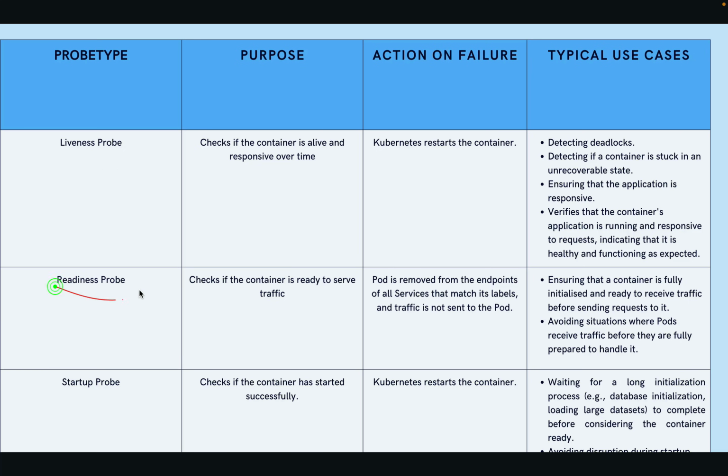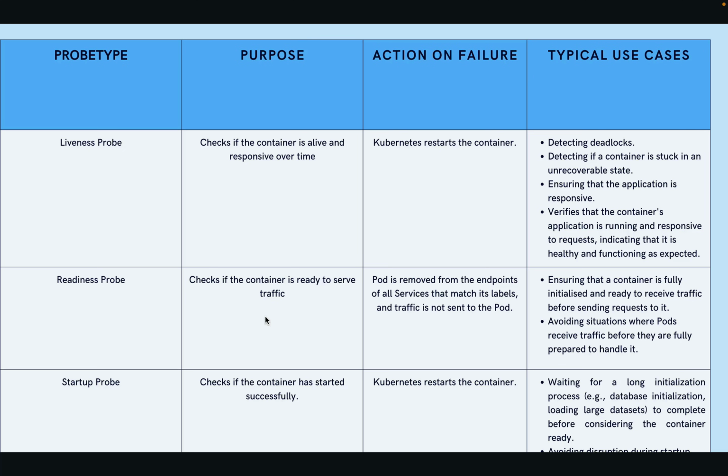Moving to the second one, that is the Readiness Probe. Let's suppose you have a container, with an application running inside it, and that application is now ready to accept the traffic. Again, the purpose is to check if the container is ready to serve the traffic or not. So it is going to check whether the application running inside the container is ready to accept the traffic.